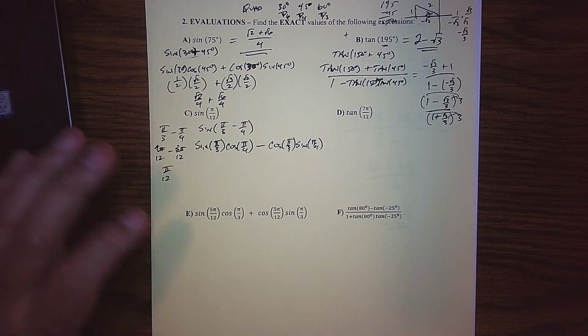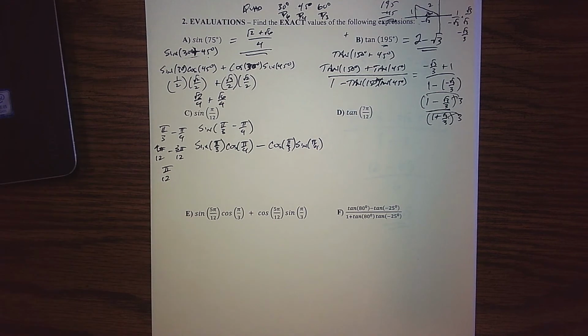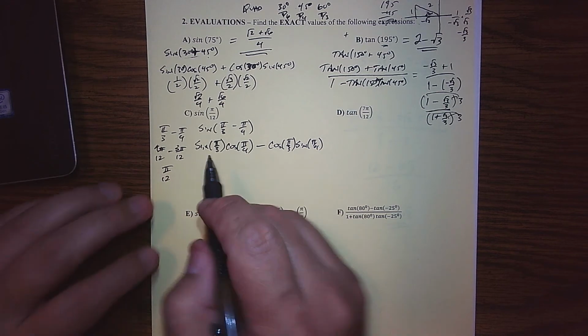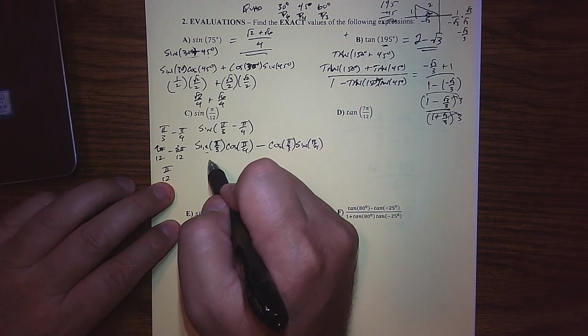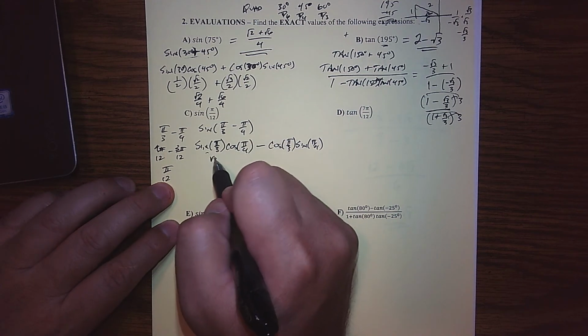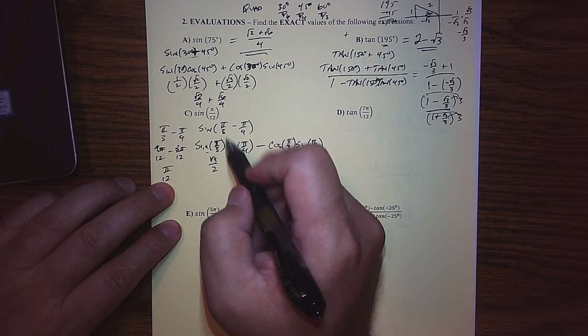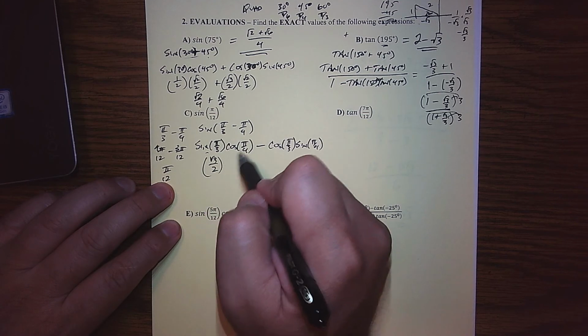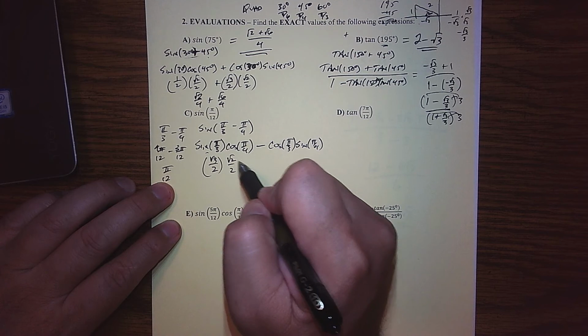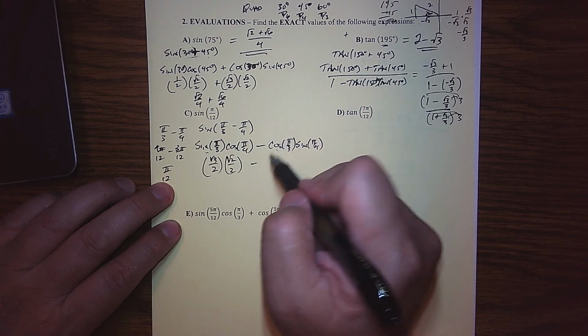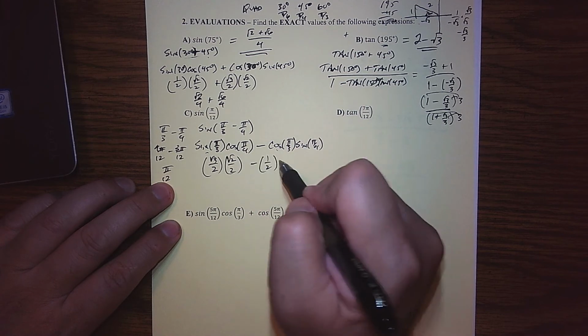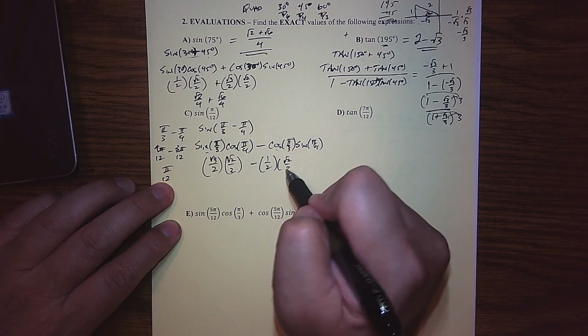Alright, and then using our memory, or our right triangles, or a unit circle, the sine of 60 degrees is the square root of 3 over 2. And the cosine of 45 degrees is square root of 2 over 2, minus the cosine of 60 degrees, which is a half, times the square root of 2 over 2.